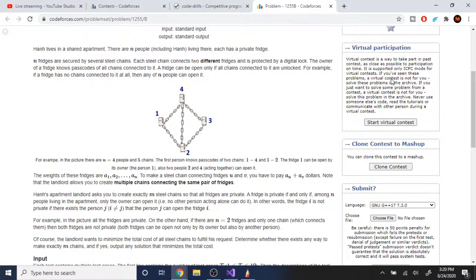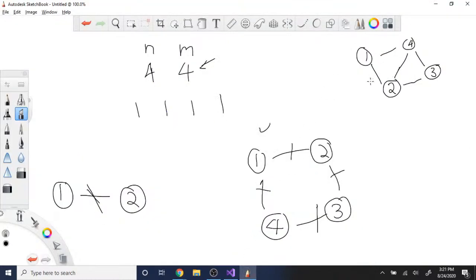Okay, so all fridges are private because a fridge is private if and only if among n people living in an apartment, only the owner can open it. So let's say I unchain both of these two. 1 is now freed. So 1 is unchained.